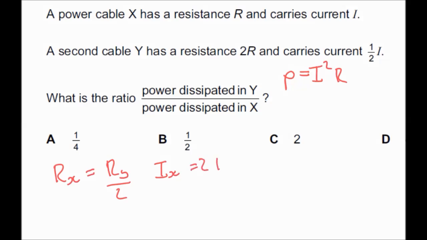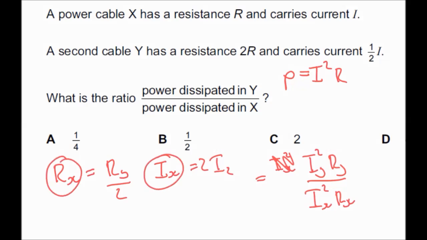So now we're going to do I squared R of Y divided by the power of X, and we're going to substitute this and this in.